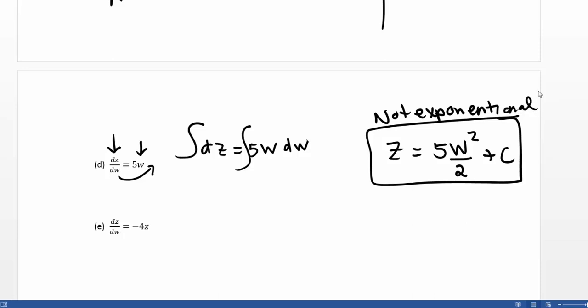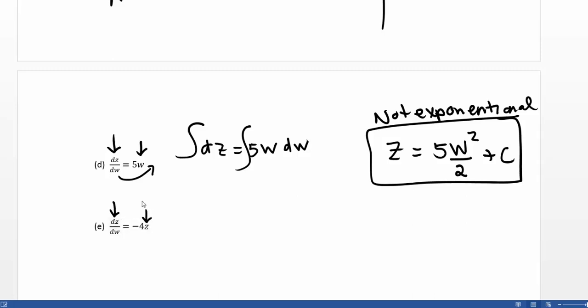Okay, so you have to be really careful when you're solving differential equations that you know if the dependent variable is on the right-hand side, because that is what is allowing us to write this in the form of the exponential. So let's look at E. So we have dz.